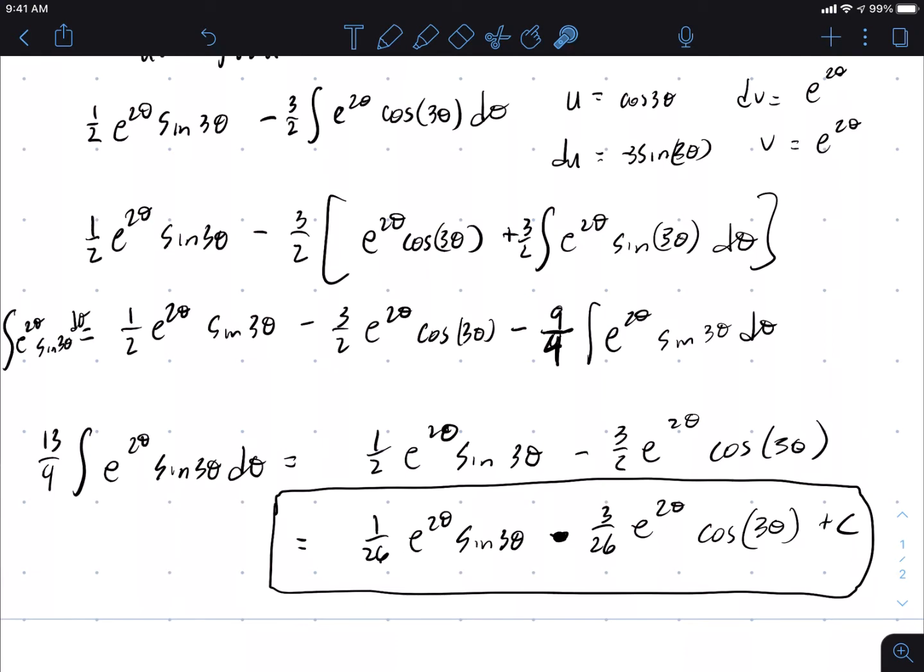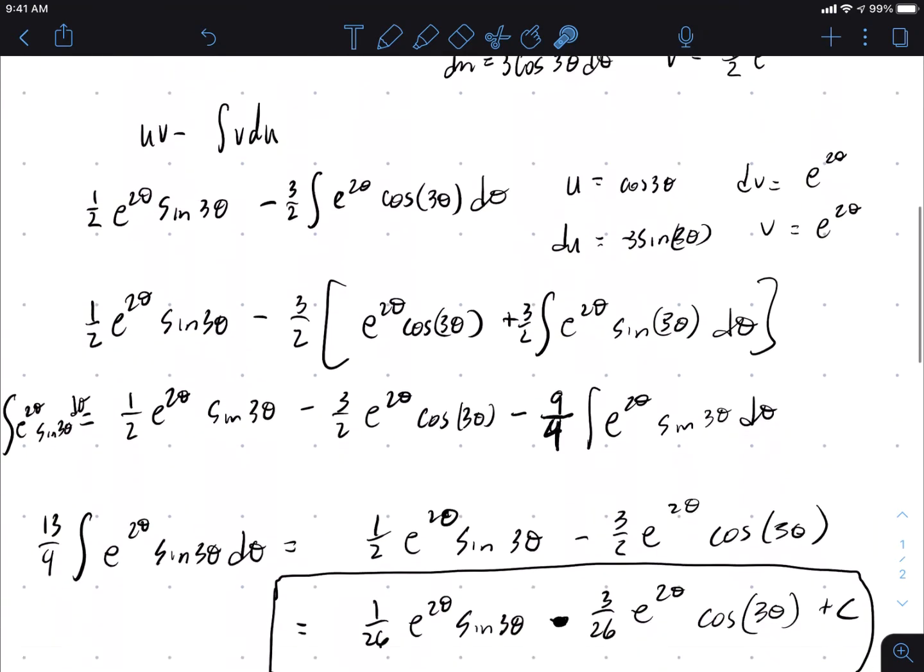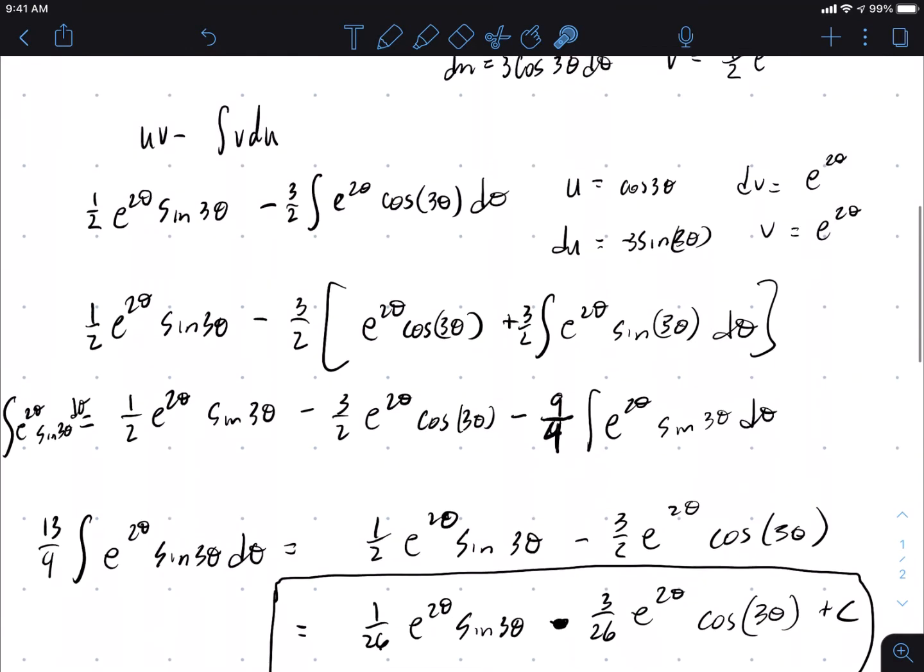Okay. Question about the work. What's that? On the second to last line, you have minus 3 halves e to the 2 theta cosine 3 theta. I was wondering how you got that 3 over 2. So that's this piece right here, which comes from here.